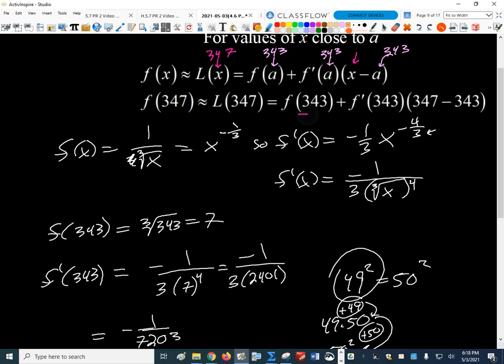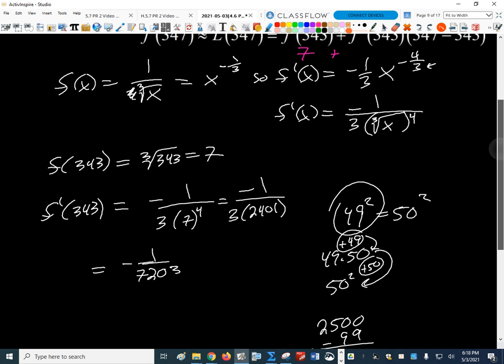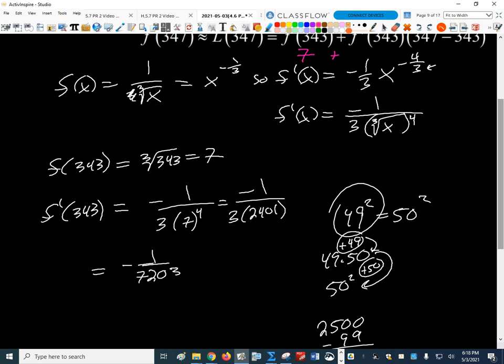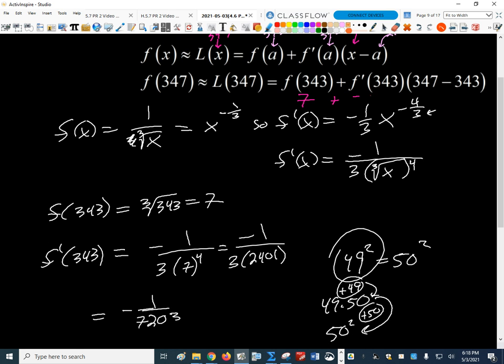F of 343 was 7 plus f prime of 343 was negative 1 over 7203 times 347 minus 343, which is 4.